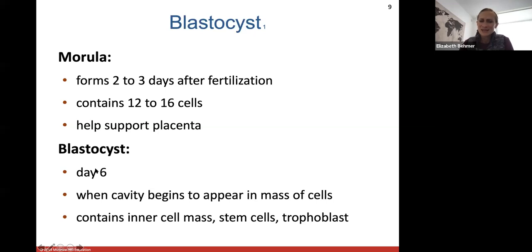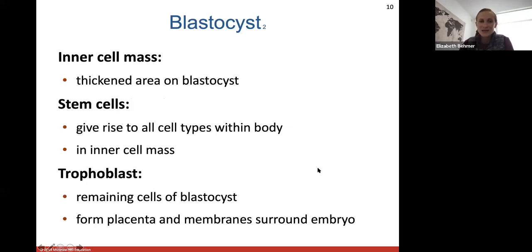And then by day 6, we change names to the blastocyst, where a small cavity appears in the mass of cells. It will contain the inner cell mass, the stem cells, and the trophoblast. The inner cell mass portion of this blastocyst is just a thickened area. The stem cells are what will give rise to all other cell types within the body.